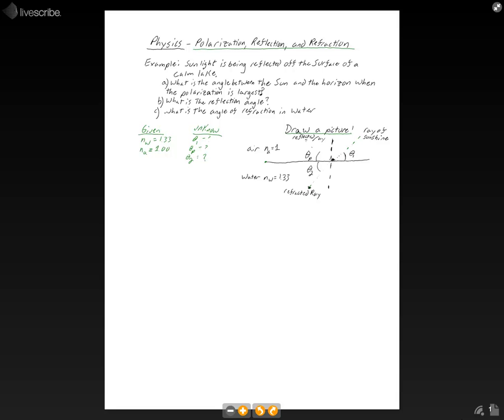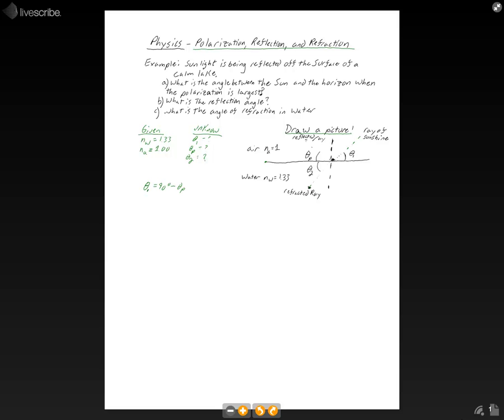Okay, now for finding theta 1, the angle between the sun and the horizon. Theta 1 is basically going to be the mathematical complement of theta p. So theta 1 is going to be equal to 90 degrees minus theta p.